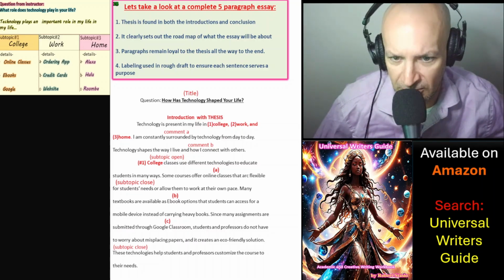Point A, some courses offer online classes that are flexible for student needs or allow them to work at their own pace. Many textbooks are available as B, ebook options that students can access on a mobile device instead of carrying heavy books. Since many assignments are submitted through C, Google Classroom, students and professors do not have to worry about misplacing papers, and it creates an eco-friendly solution.